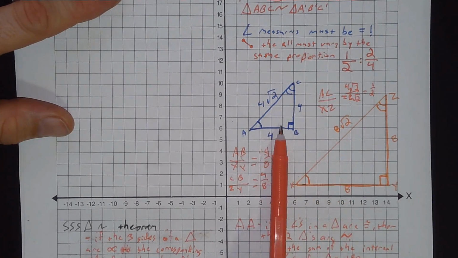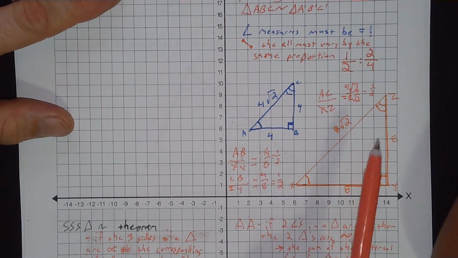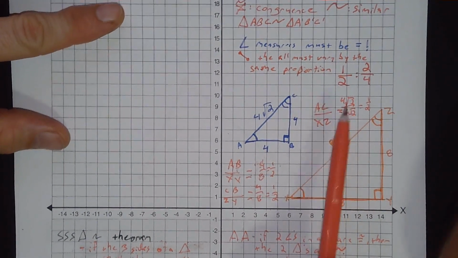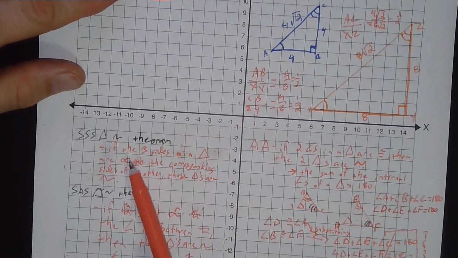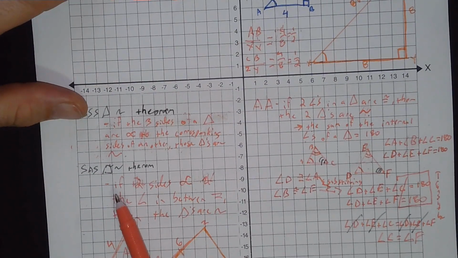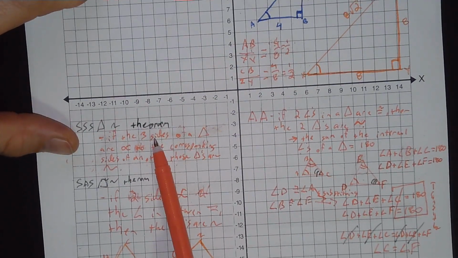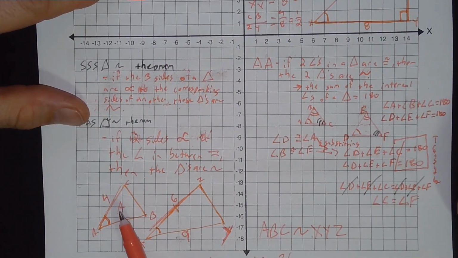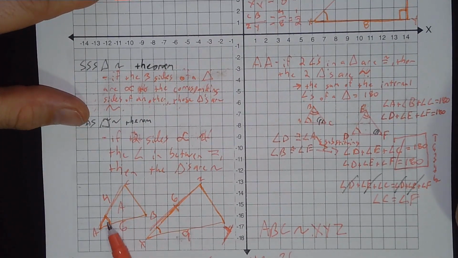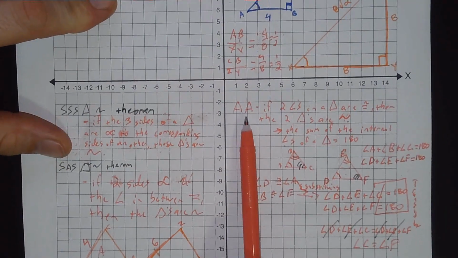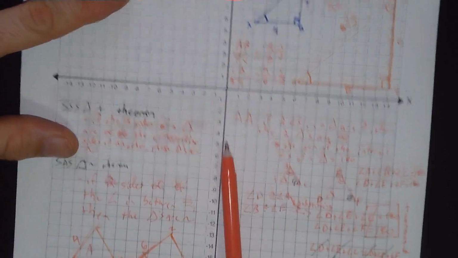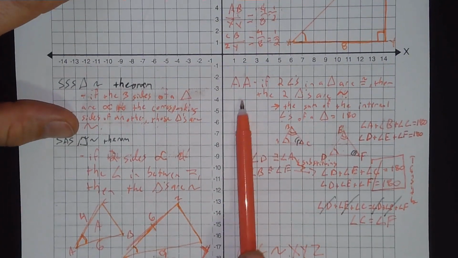Then you compare the fractions to each other, using the side angle side, that's the two sides and the angle in between. It has to be the angle smushed in between. Or the angle theorem, and I proved the angle theorem here.